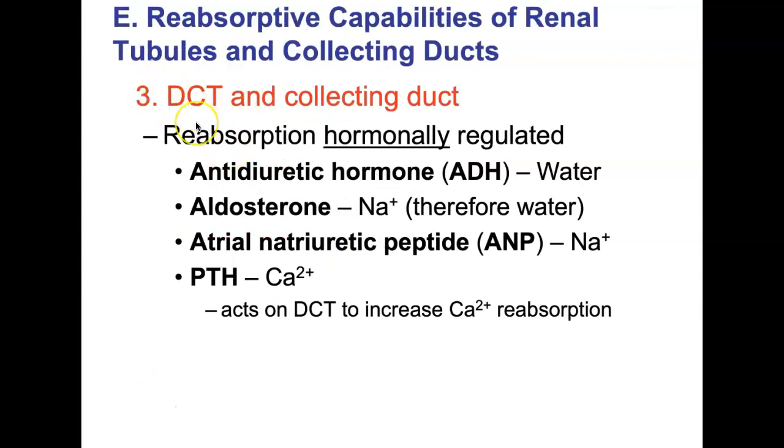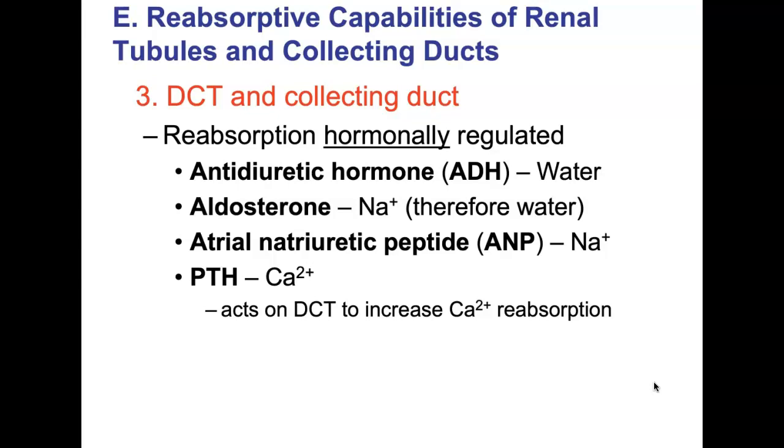Let's look at the distal convoluted tubule and the collecting duct. In the proximal convoluted tubule and nephron loop, reabsorption does not vary with the body's needs. Hormones fine-tune reabsorption in the distal convoluted tubule and also the collecting duct.